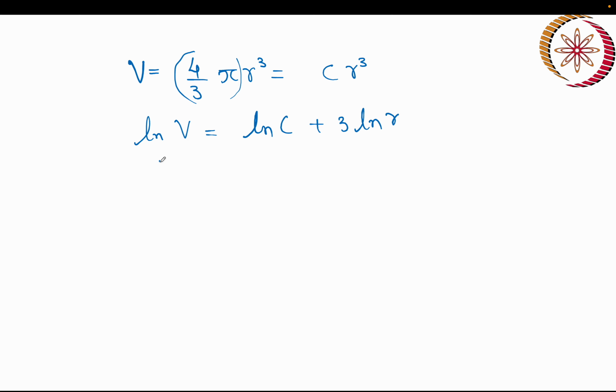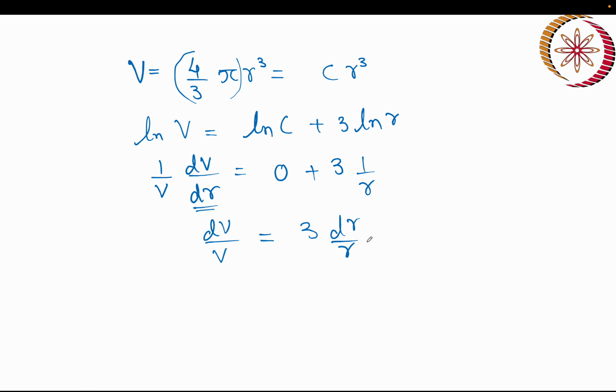So what we will get is 1 upon v dv by dr is equal to, the derivative will be 0 for the constant, then 3 times 1 upon r. Now we will multiply throughout by dr. So dv by v is equal to 3 dr by r. Often we take dv and dr tending to 0, but if they are sufficiently small, we can replace them with delta v and delta r.